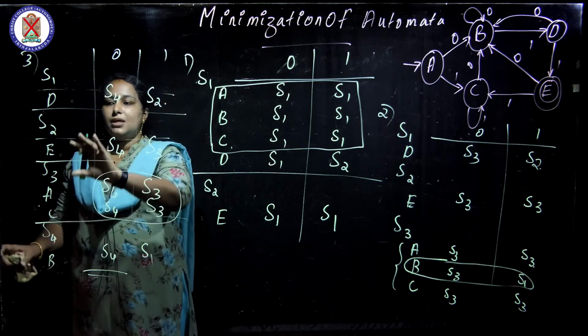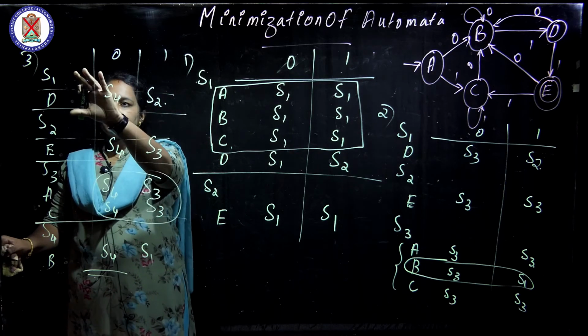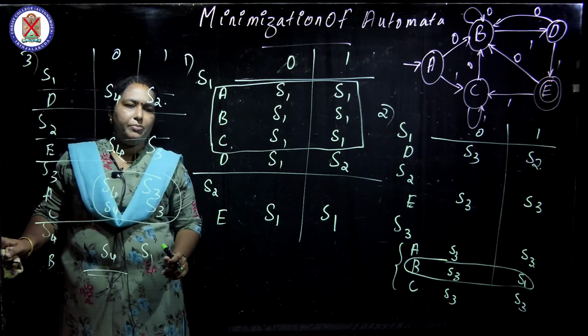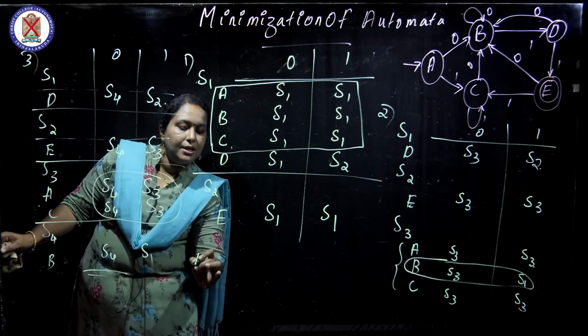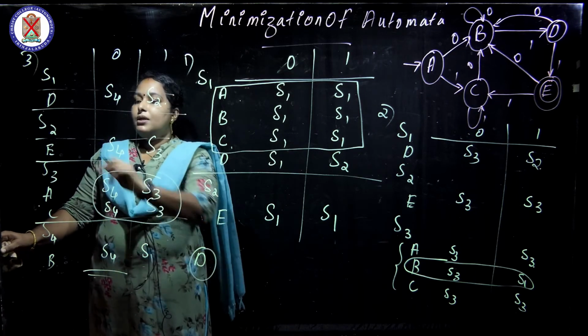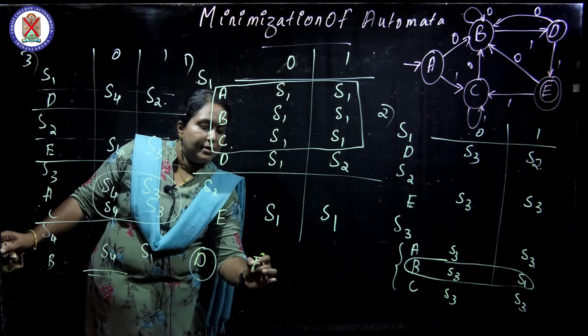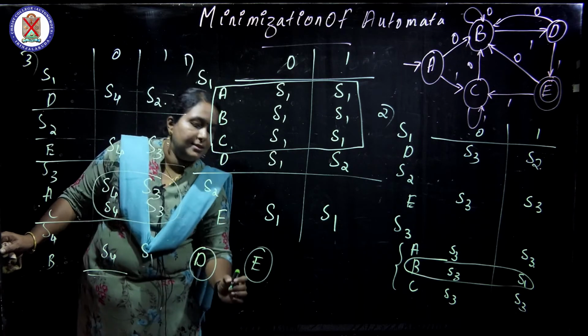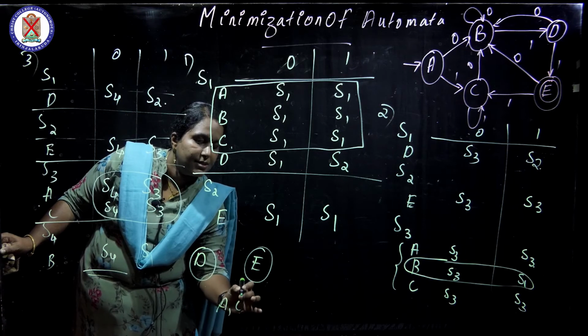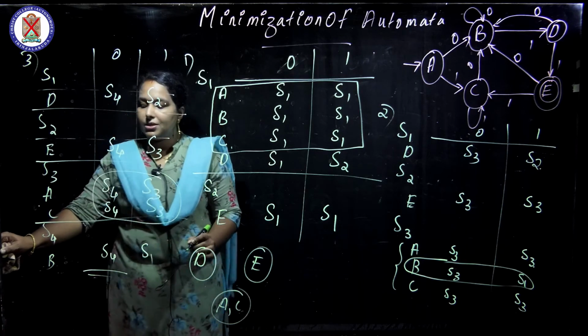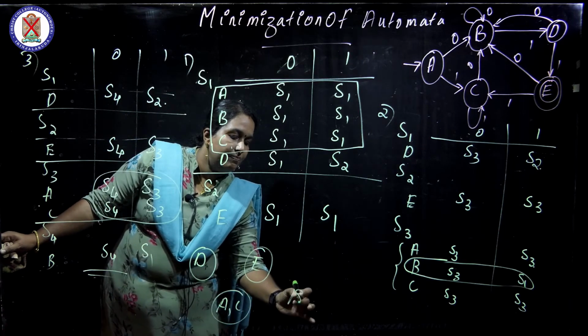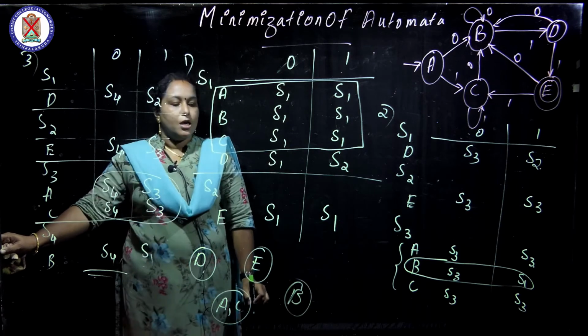So we have 4 states in our minimized DFA, that is, D is one state, next E is another state, and A and C can be clubbed as one state, and B can be another state. Okay, so very simple.